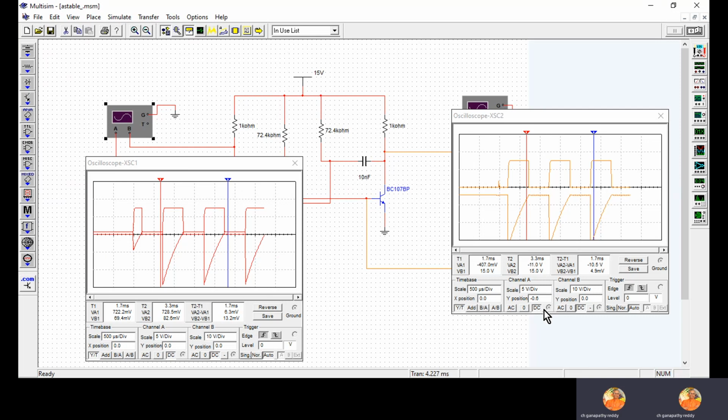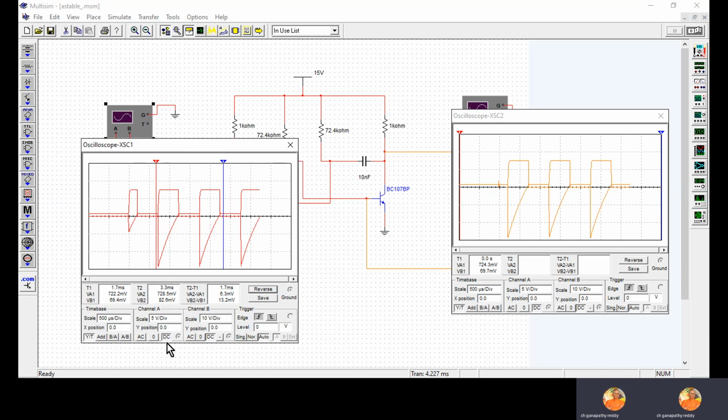See that the Y positions are 0 for both channels, and see that both channels are in DC mode.